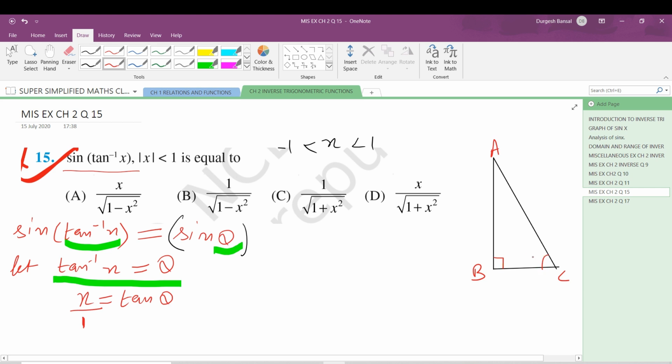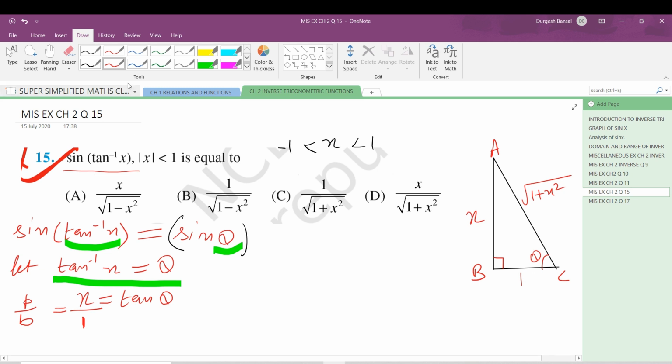Let this be the acute angle theta. And if we apply, see here, tan theta is perpendicular upon base. So perpendicular, let us assume to be x, base let us assume to be 1. So what will be the hypotenuse? Hypotenuse is going to be root of 1 plus x square by the Pythagoras theorem.